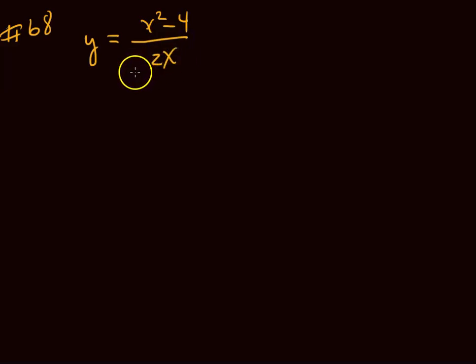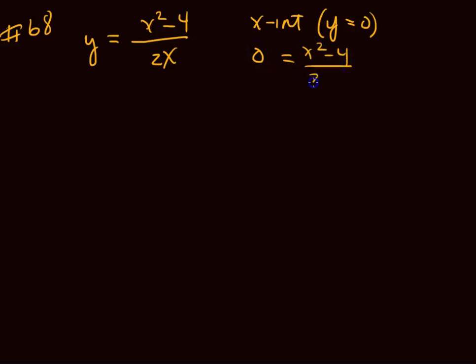Well, before we were looking at graphs for this, but sometimes you just need to plug some stuff in. The x-intercept is when y equals 0. So if we put in a 0 for y, that equals x squared minus 4 over 2x.